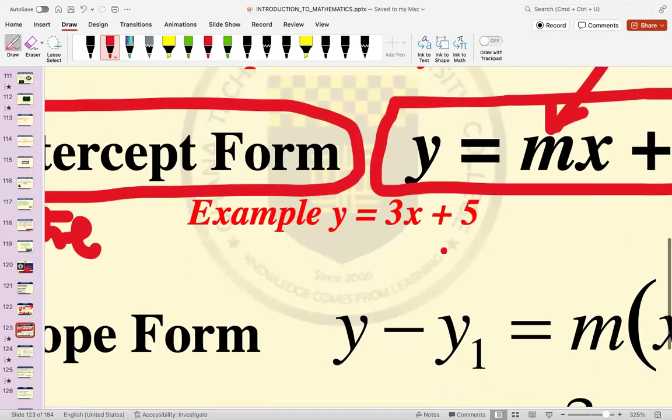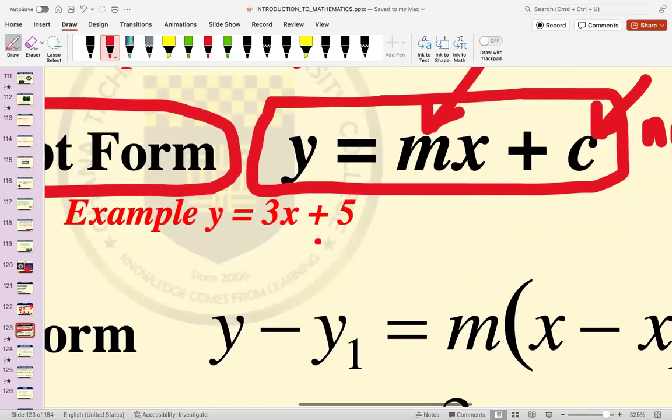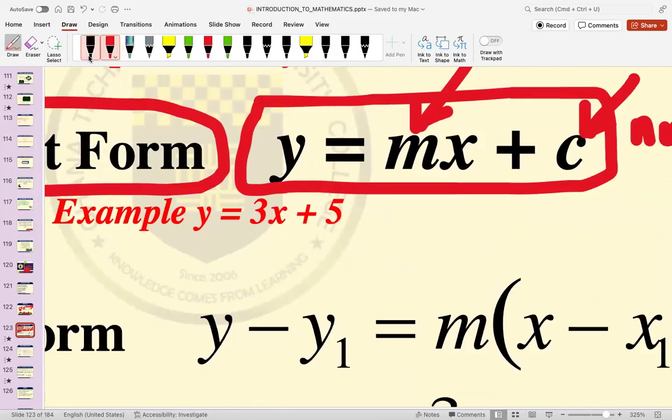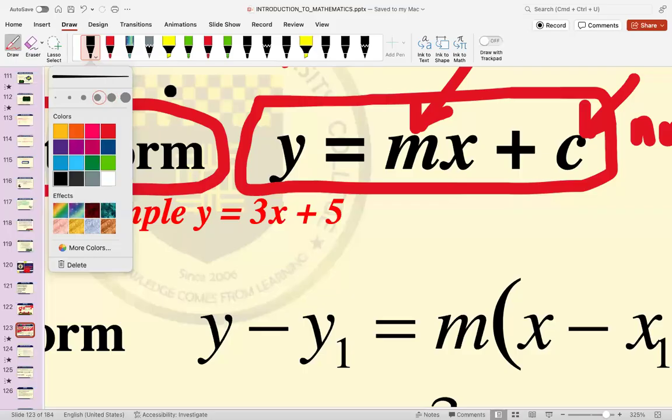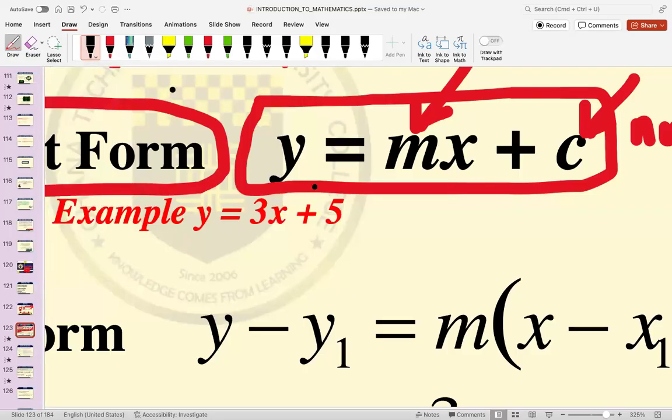Okay, let's look at an example here. Y is equal to 3x plus 5. In this case, the m is the 3 you are seeing here. The c is the 5 you are seeing here. x is on the right-hand side. y is on the left-hand side.